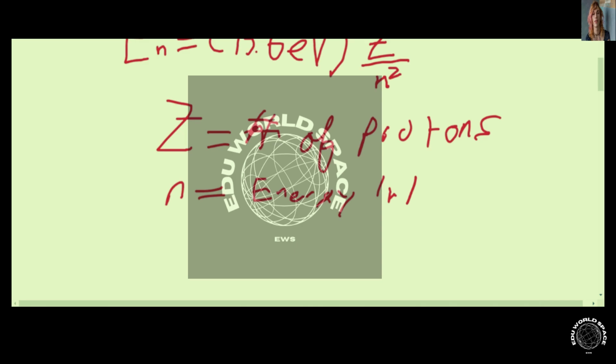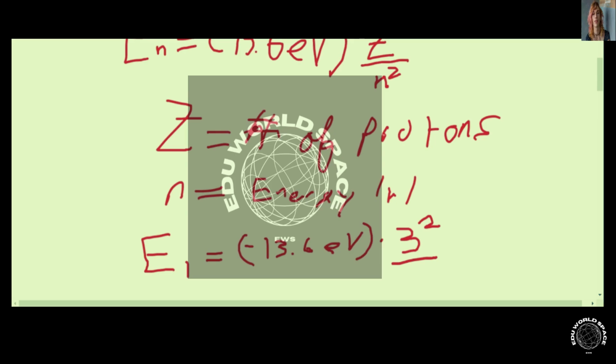All right, so let's look at the first energy level of our lithium atom. That is going to equal negative 13.6 electron volts multiplied by Z, but in our case Z is equal to 3, and that is squared, divided by n, which in this case is 1.